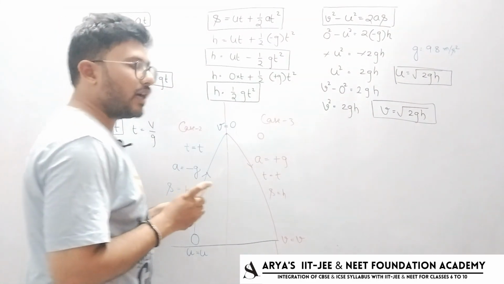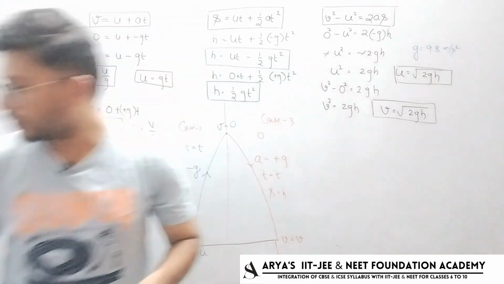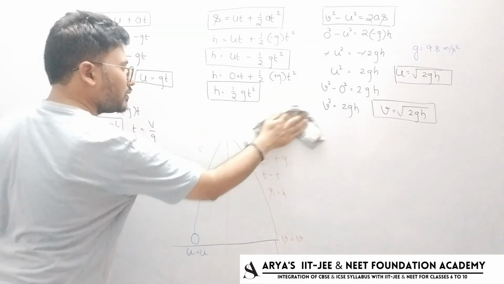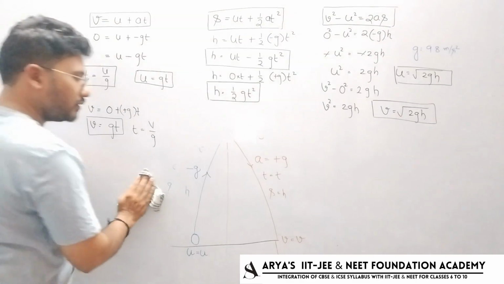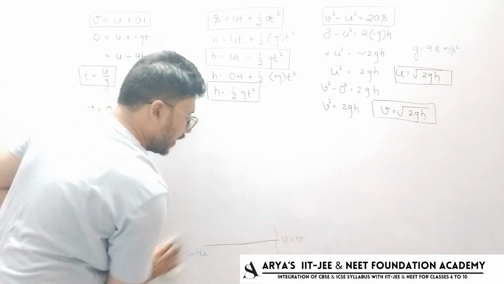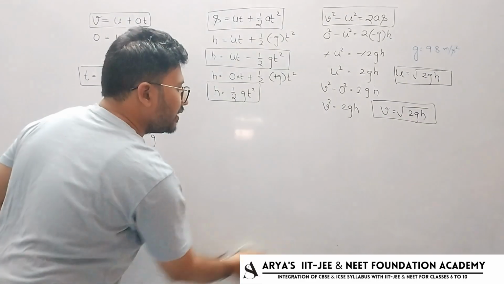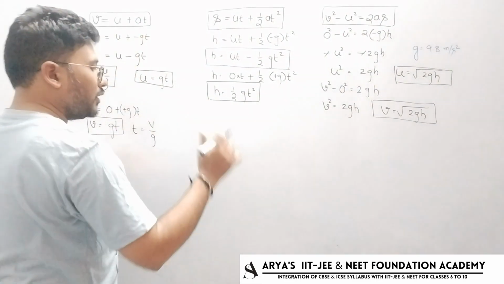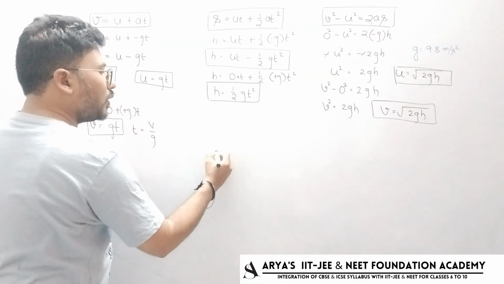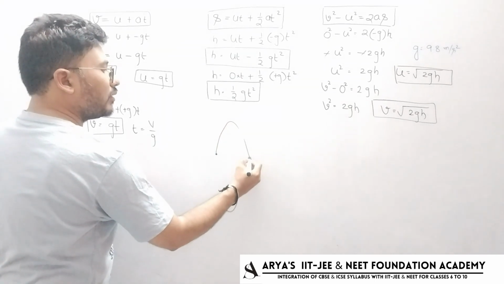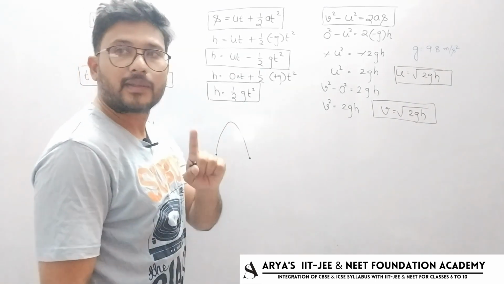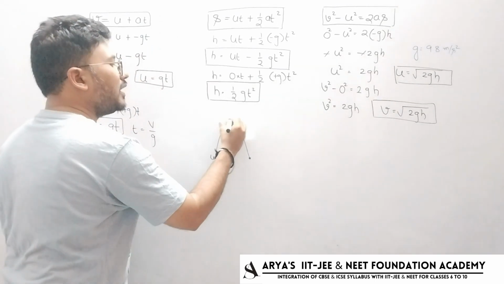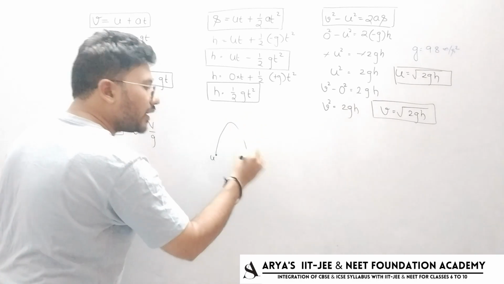So from this we can have another concept, one concept with which I'll end this class, just 2 minutes. You see, when a body is going up and it is coming down, with what velocity the body is starting its journey, with the same velocity the body will reach down.